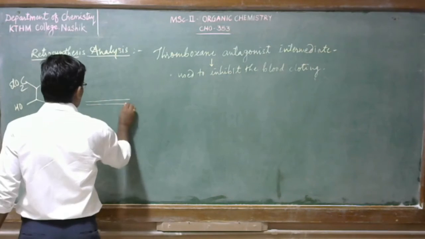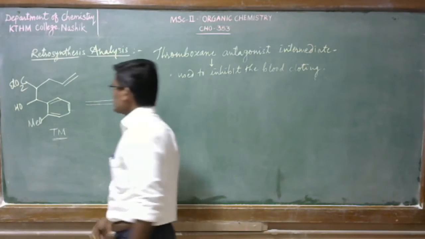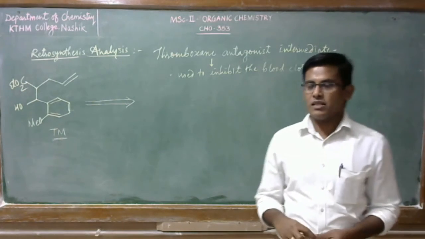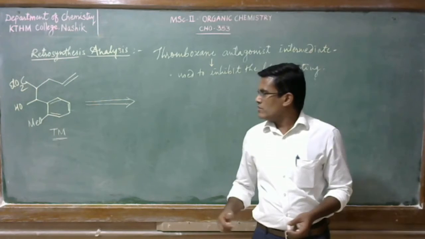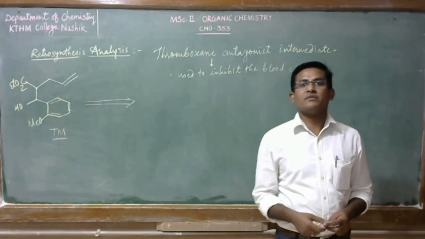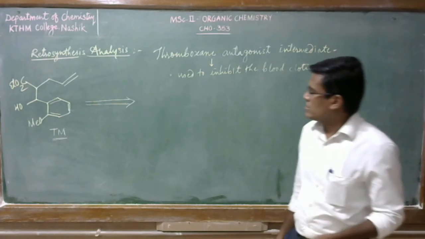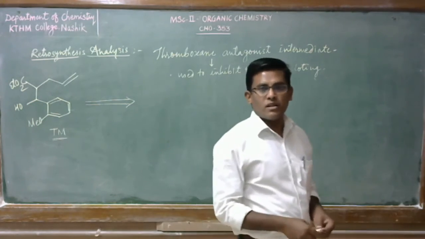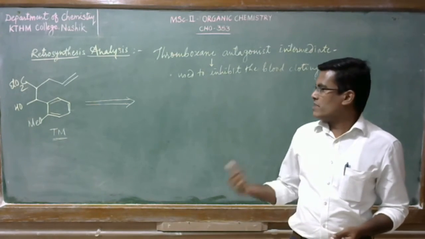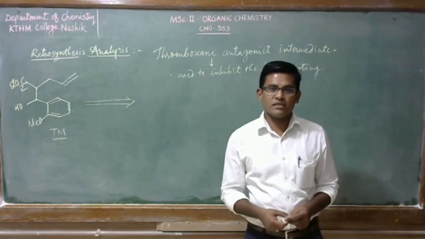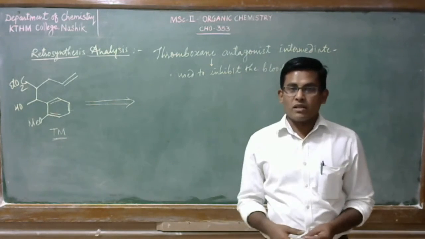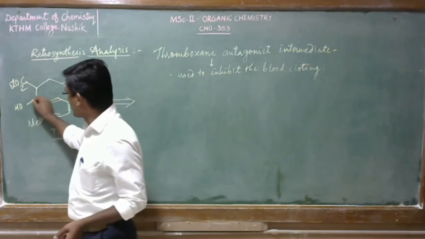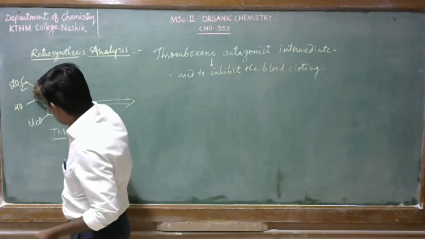So let us put this retrosynthetic arrow. As we have discussed in the last lecture, whenever we have the 1,3 group relationship in the target molecule, that bond can be made by using aldol condensation of that particular carbonyl compound and this electrophilic carbonyl compound. So let us break this bond.